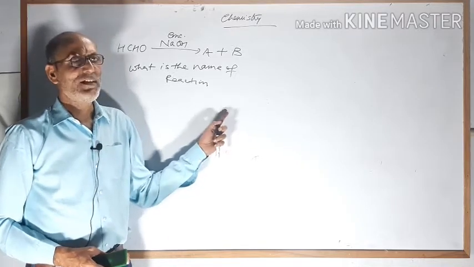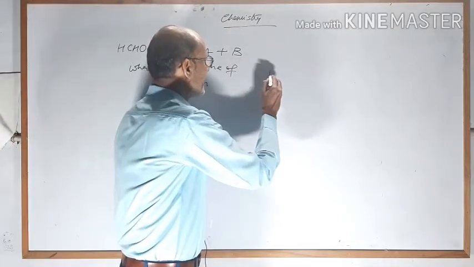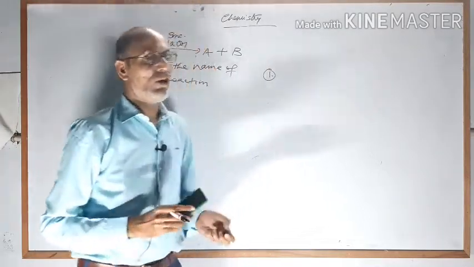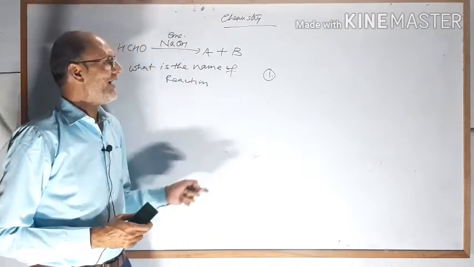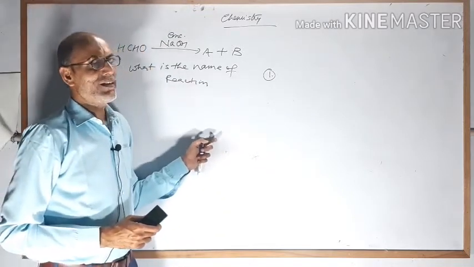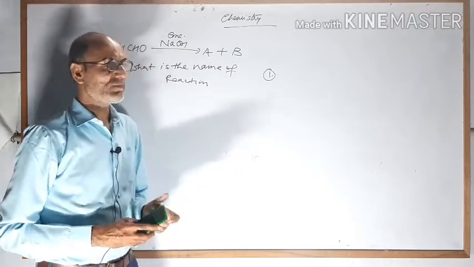So you have to note this limitation. There are 3 main limitations. Number 1 limitation: it is applicable only for ideal gases, and at low pressure real gases behave like ideal, so we can use it for real gases.